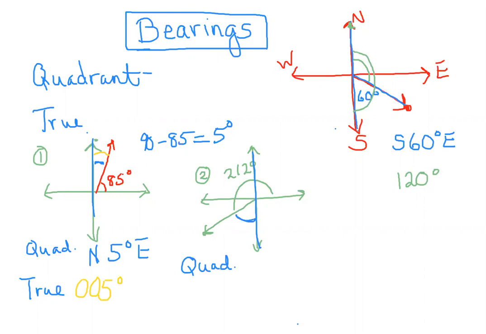What is this angle? How are we going to find it? Well, we know there's a couple ways we can do it. We can find this little angle by taking 212 minus 180, and we get 32, and then subtract that from 90, and we would get 58.